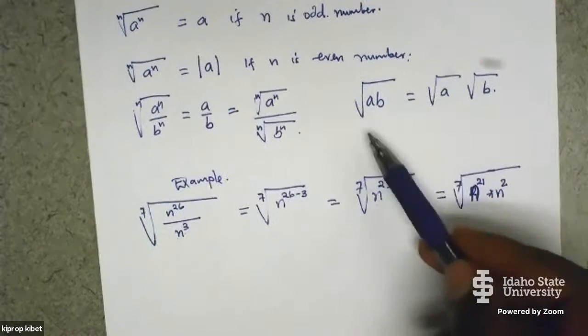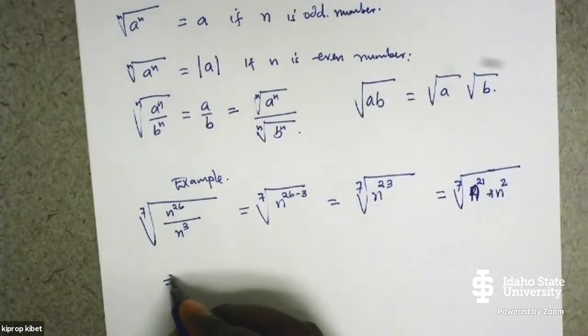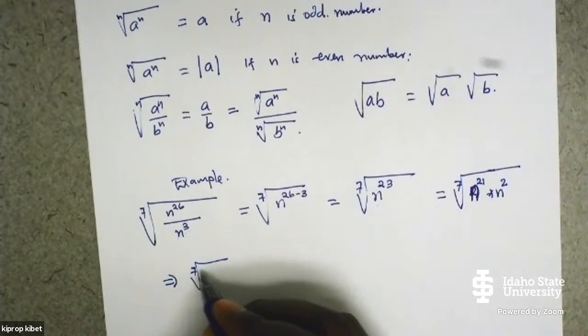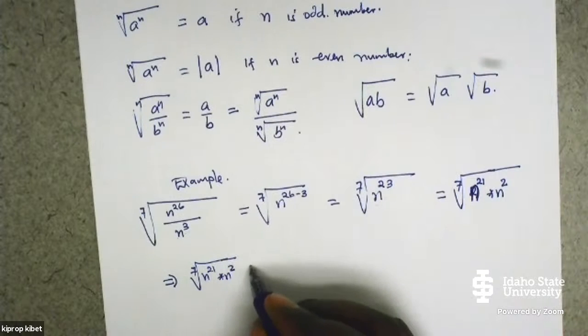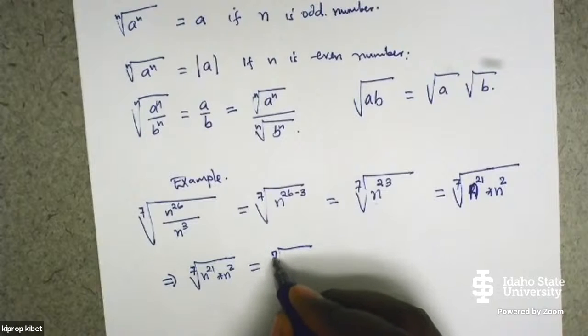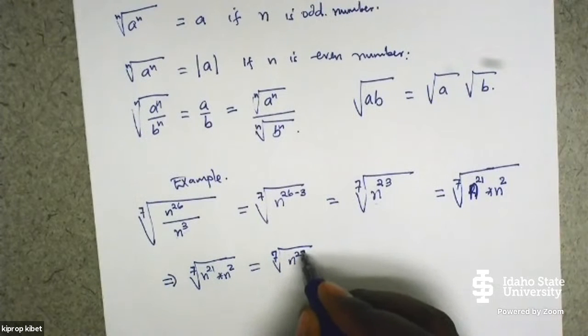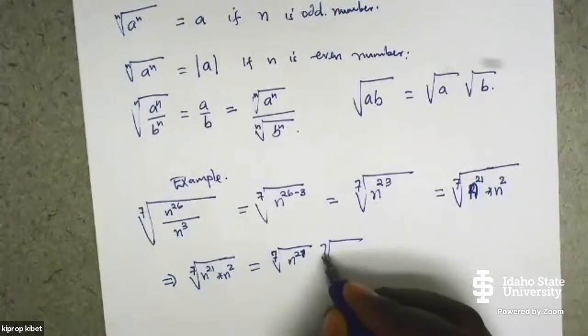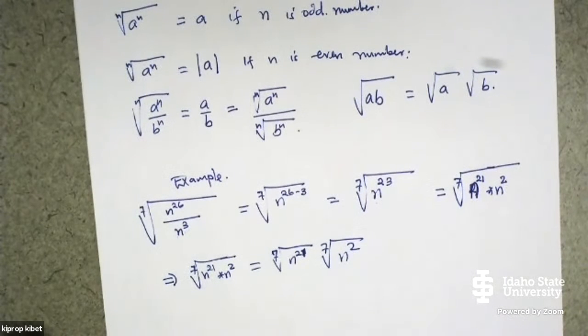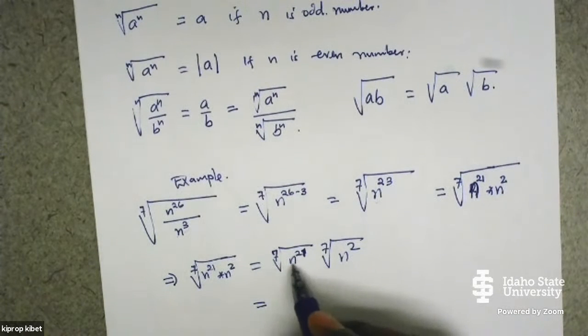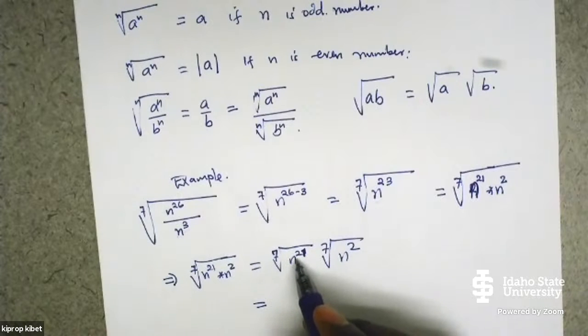Now, using this property here, the seventh root of n to 21 multiplied by n squared is the same as the seventh root of n raised to 21, and then the seventh root of n raised to 2. And finally, this is equal to n raised to 21 over 7, which is equal to n raised to 1.